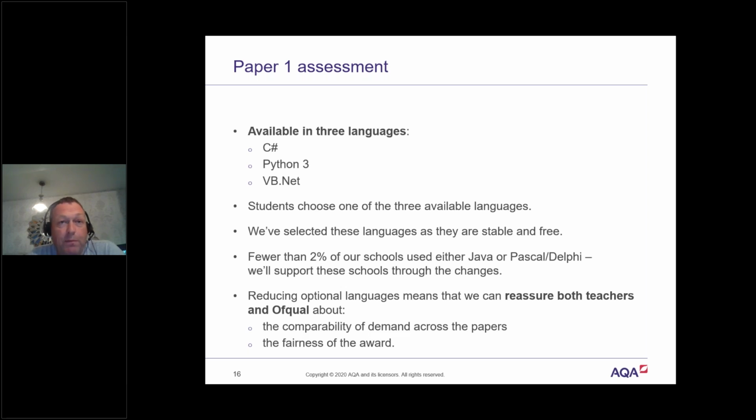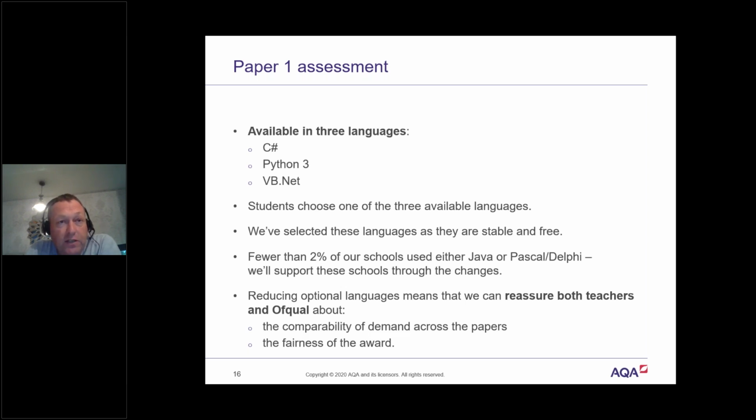Put that in context, we've got entries of around 15,000 students, and we didn't think it was really viable for us to write 5 papers, 2 of which were going to support 2% of the cohort. So we will support teachers using Java and Pascal to change to the other 2 languages.